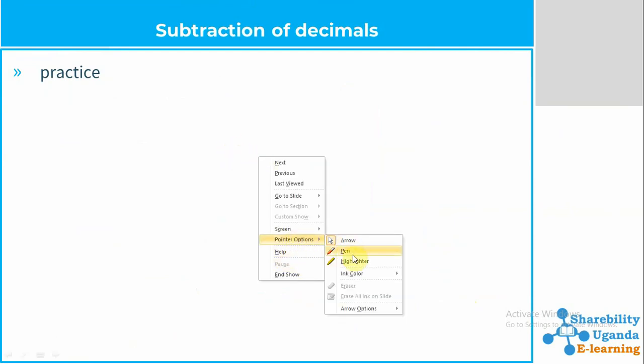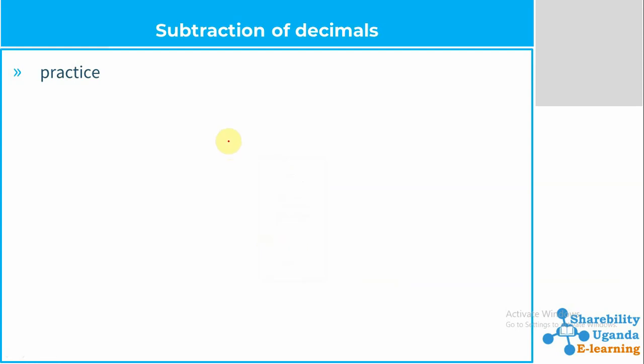We are subtracting, please. So subtracting 6 from 1, impossible. You borrow 1 here, remains 4, it becomes 11.